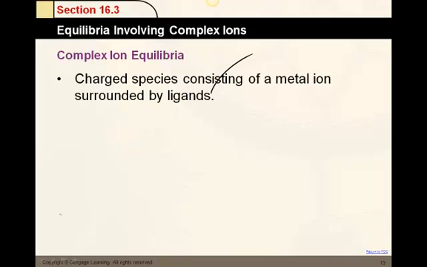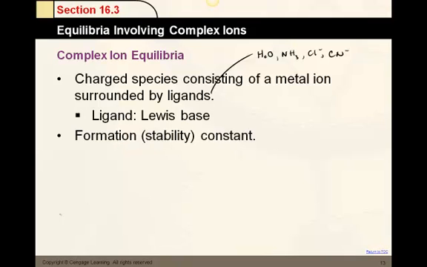Good examples of ligands are water, NH3, halogens like chlorine, and negative polyatomics like cyanide. These ligands have lone pairs of electrons that they can donate in a bond. Remember, the ligand is a good Lewis base.